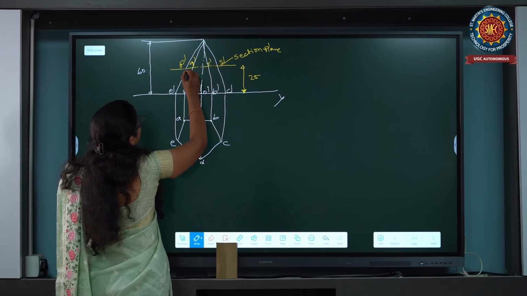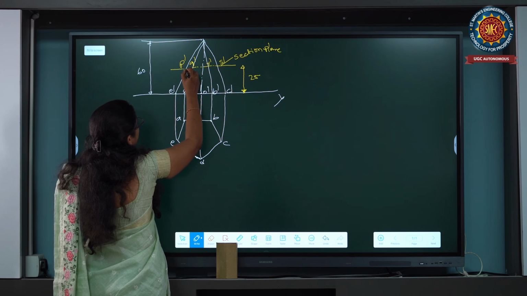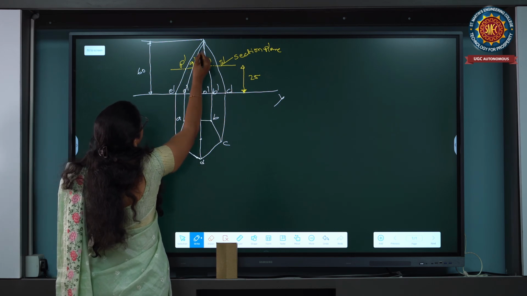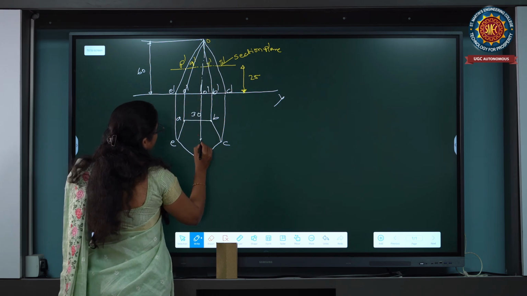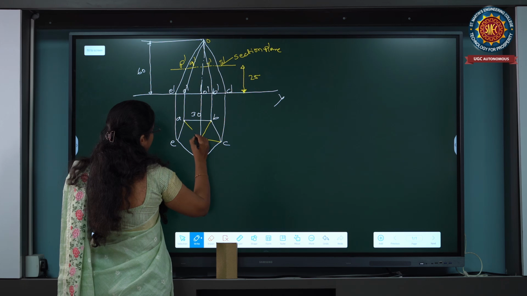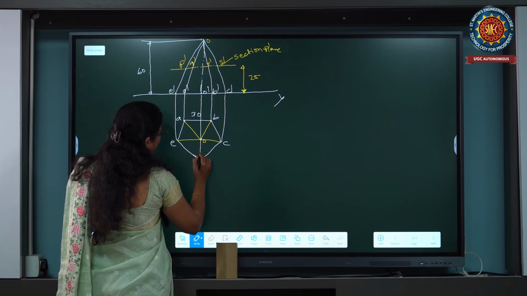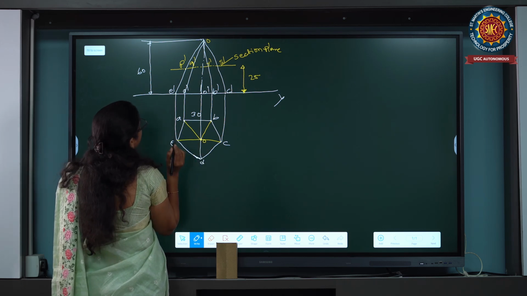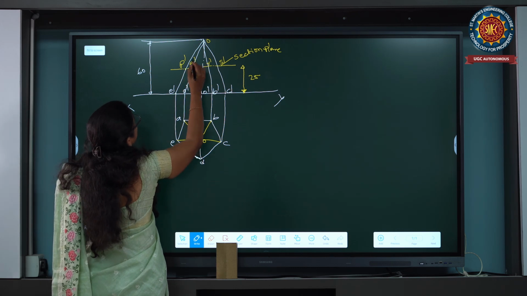Suppose this one is O. First mark the center and then join all sides meeting at the center point. From here, the a'o' line is cut at point p dash.